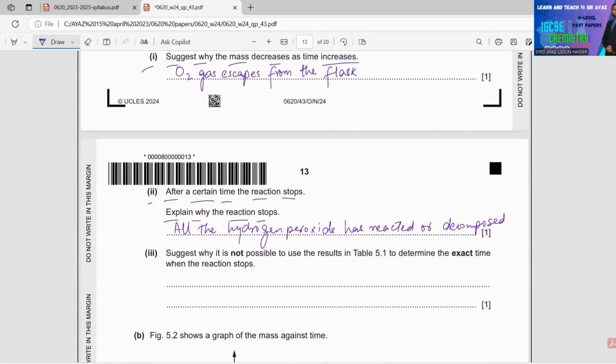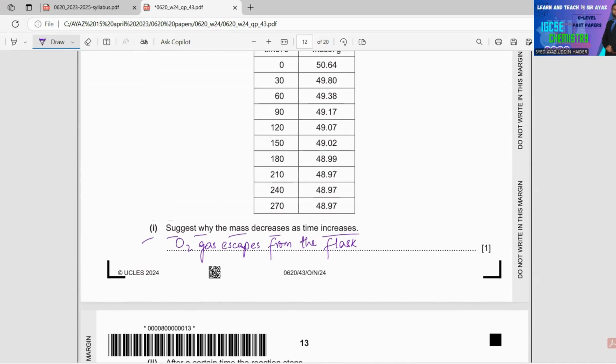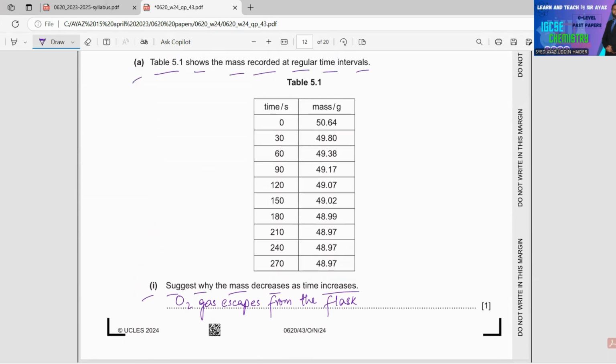Moving to next part, which is part 3. Suggest why it is not possible to use the results in table 5.1 to determine the exact time when the reaction stops. If you look at the time interval, it is large.